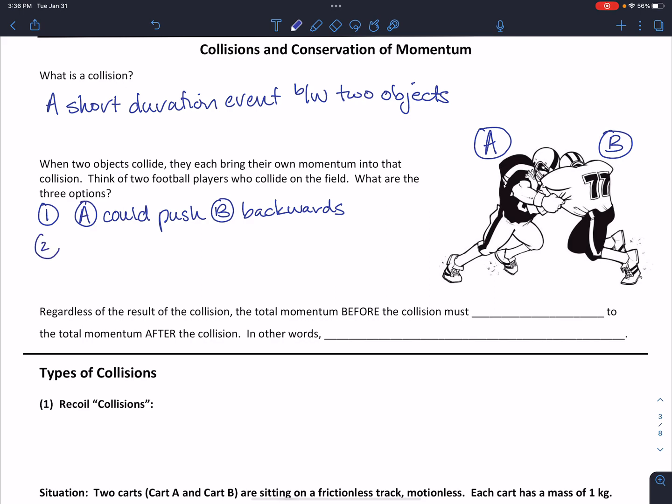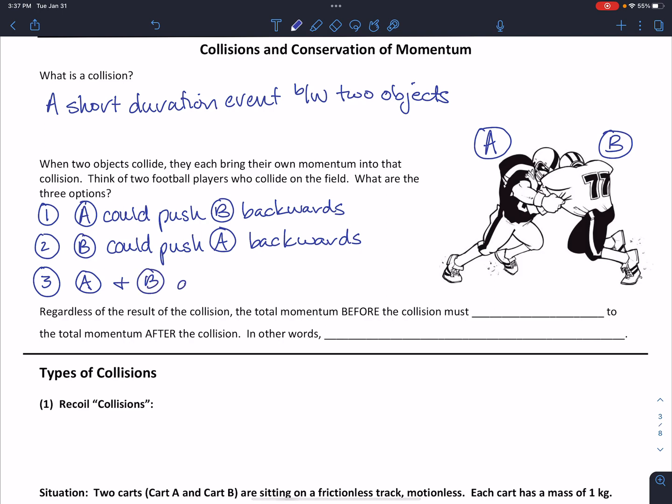All right, another option would be B could push A backwards. And then the final option would be if A and B are both stopped. All right, so in other words, they both stop moving.